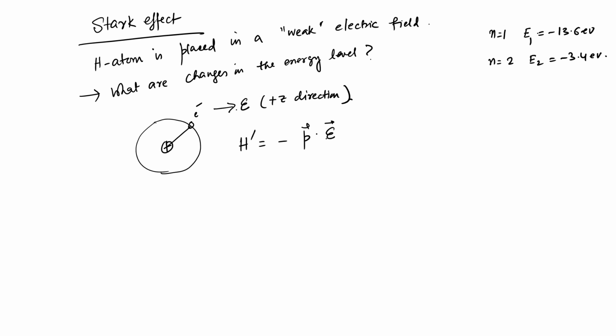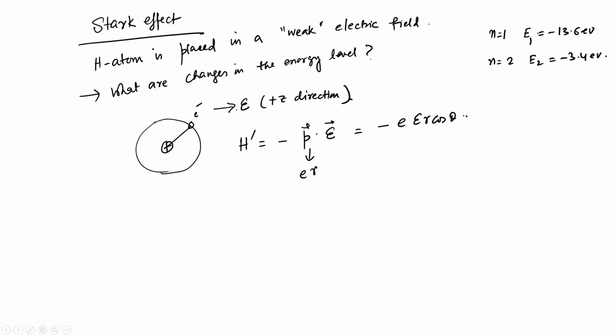And so, this E is in the direction and P is nothing but E R, and R is a radial variable, and because there is a dot product, this is equal to minus E E R cosine theta.